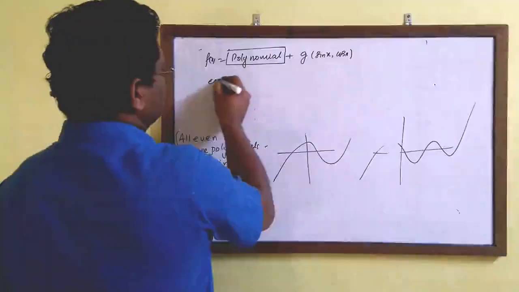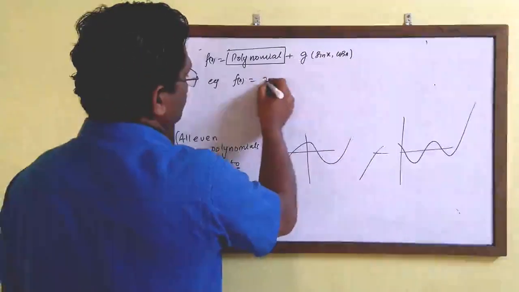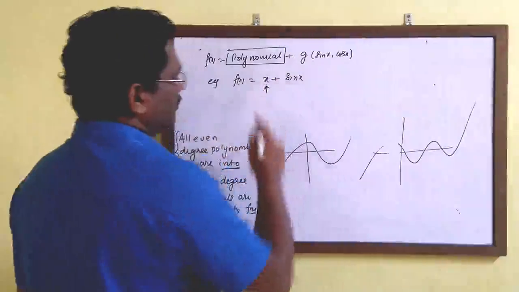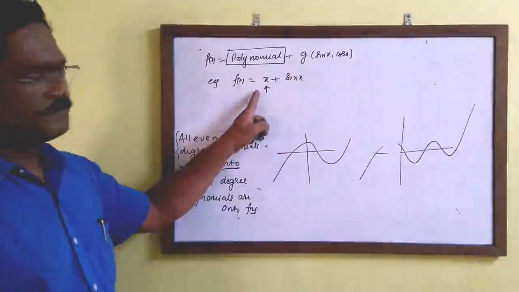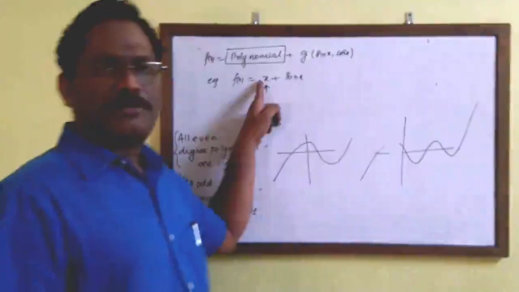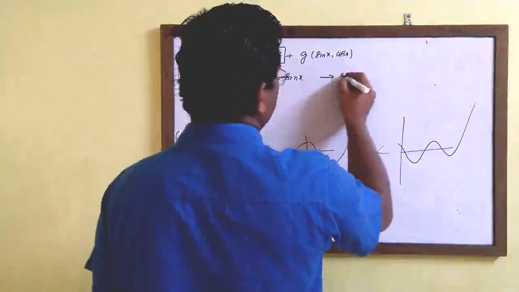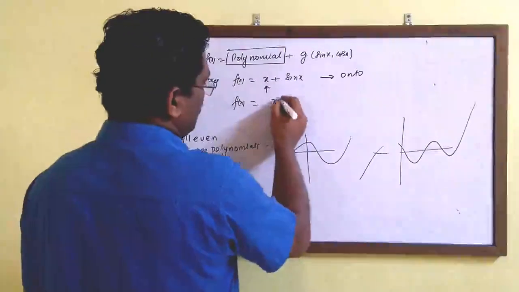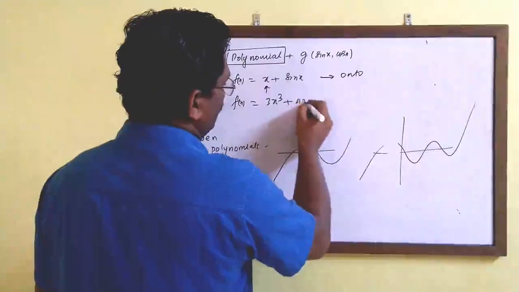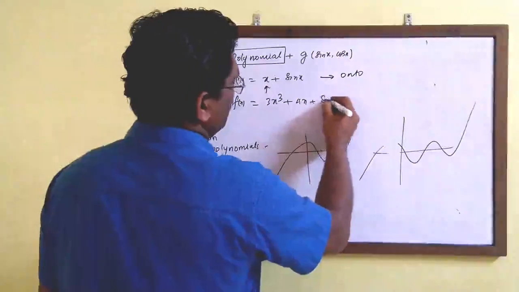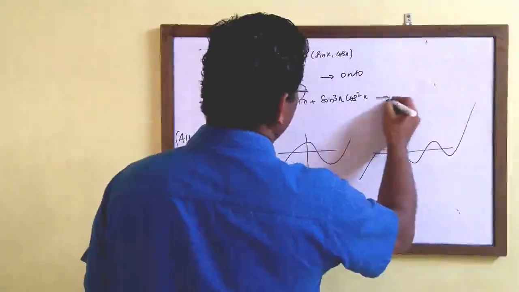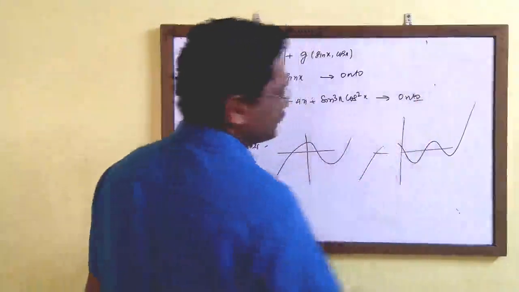Now if I am writing, say f(x) is equal to x plus sin x. Now what degree does this polynomial have? 1. That means it is an odd degree polynomial. So it will be by default an onto function. If I write like this, say 3x cubed plus 4x plus, say, sin cube x into cos square x, this will also be an onto function.